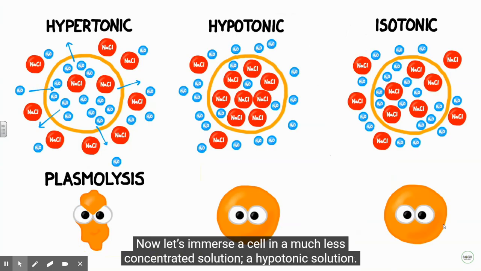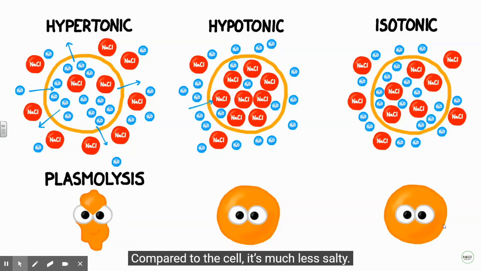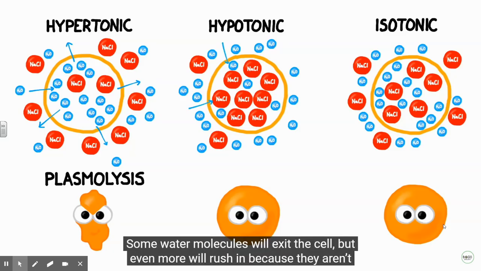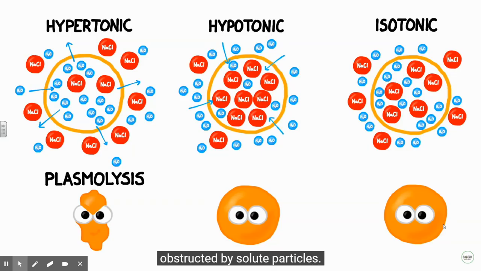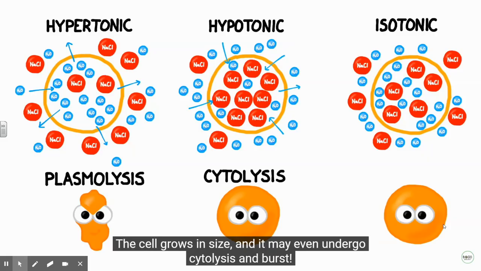Now let's immerse a cell in a much less concentrated solution, a hypotonic solution. Compared to the cell, it's much less salty. Some water molecules will exit the cell, but even more will rush in because they aren't obstructed by solute particles. The cell grows in size and it may even undergo cytolysis and burst.